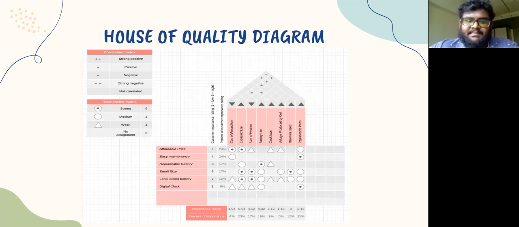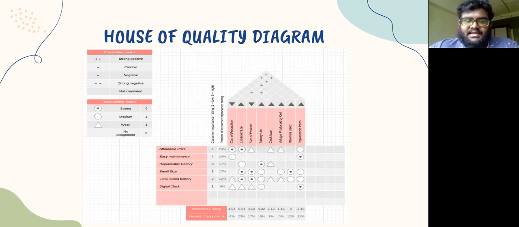For example, cost of production and replaceable parts have a negative sign, because if we have replaceable parts, then the cost of production will be higher. The arrows on top of the product specifications indicate what value is desired. For example, for cost of production the arrow faces down, showing that we desire a lower value, and for expected life, the arrow points up, indicating that we desire a higher value.